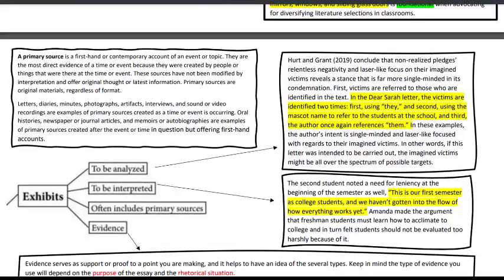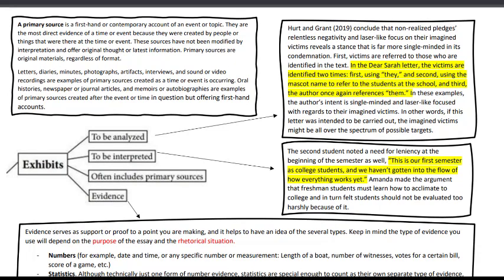Next is the exhibits. As I said, primary sources. We have two other types of paragraphs as well. You'll see how they're integrated in there and why they were used. So the first one is used to be analyzed, and then the second one is used to interpret. Okay, so what was my interpretation of this quote here? Again, pause to read so you can kind of understand how it's working in the body paragraph.